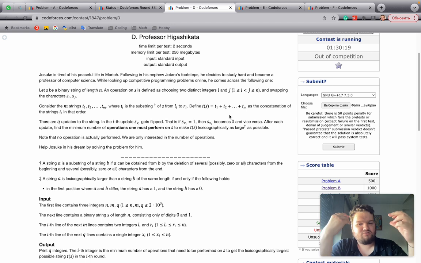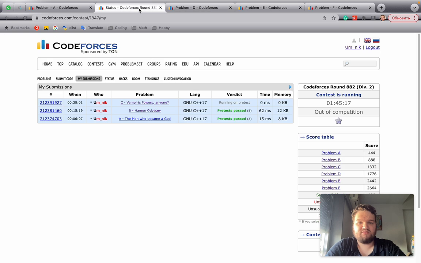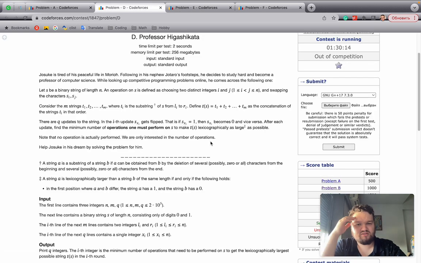So when we want to make something lexicographically maximum, we care about first making the first element as big as possible, then the second, then the third, and so on. The segments we are taking into consideration are fixed, so for every position of the string we know which position of string S is responsible for it.